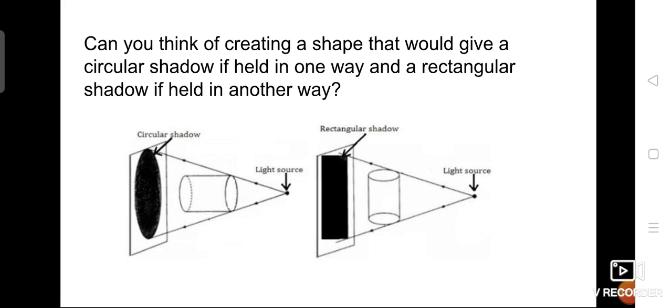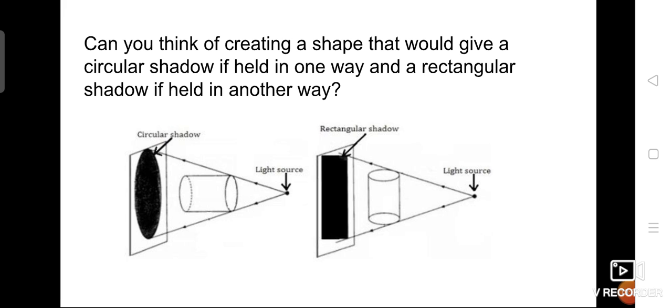So shadows never show the shape of the object. So here the question is, you have to say a shape that gives a circular shadow in one way. That is, when the light passes in one direction, it will show a circular shadow. Suppose when the light falls in another direction, it should show a rectangular shadow. Can you say any one object?